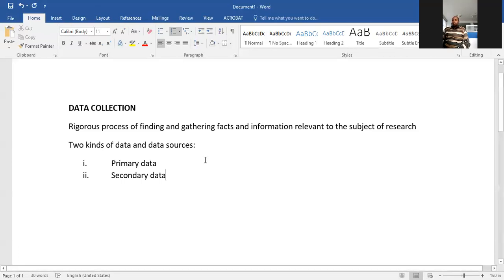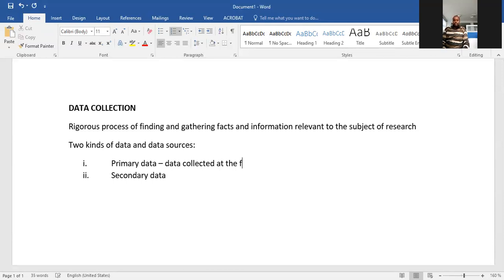All right. Primary data is data collected at the field and is wholly the work of the researcher. Primary data is data collected by field and is wholly the work of the researcher, for instance. And there are methods.